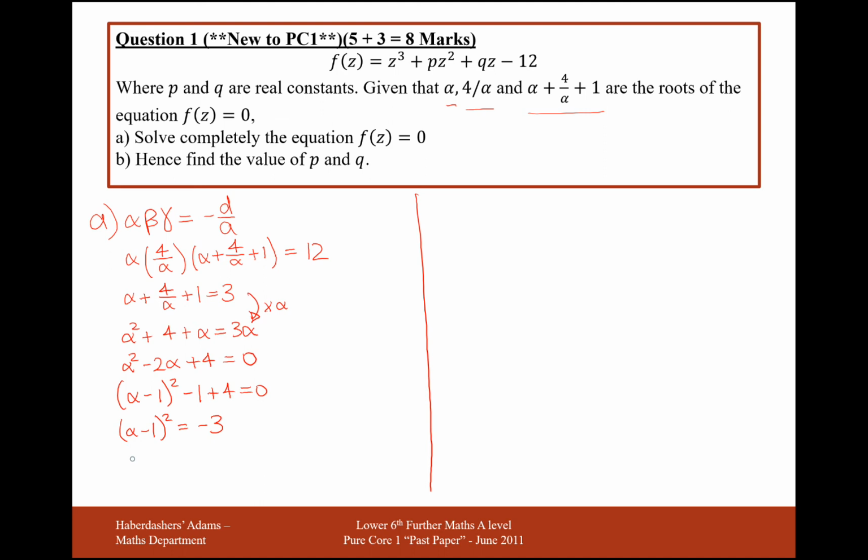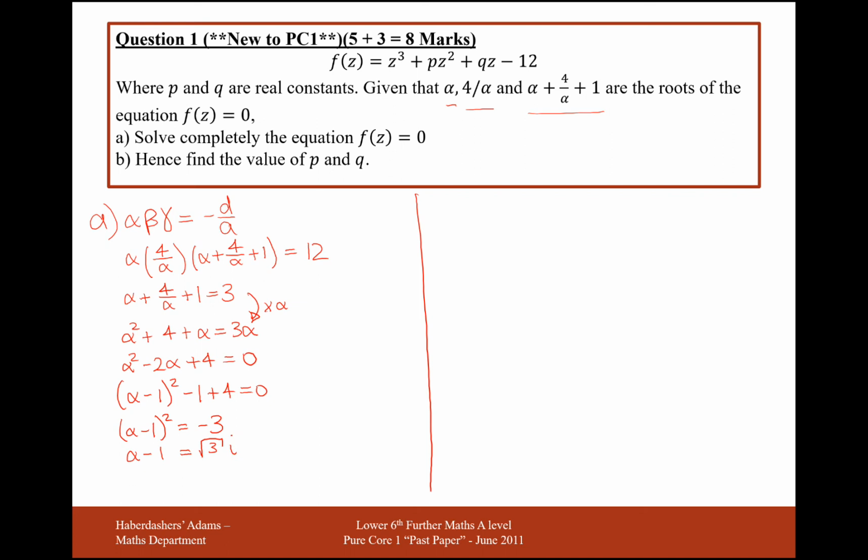Then if I square root both sides, I'll have alpha minus 1 equals... Now I don't square root minus 3 directly. What I do is I square root the 3 and separate it with the square root of minus 1, but we all know the square root of minus 1 is i.